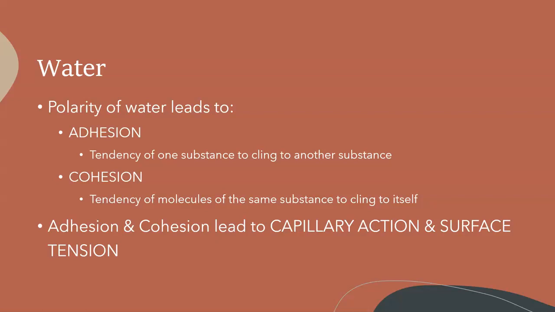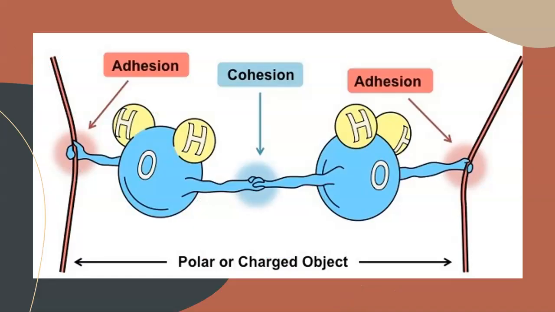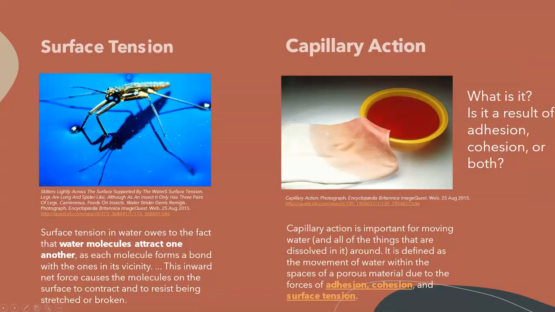That's because the molecules of the same substance, water, cling to itself. And adhesion and cohesion lead to two things that are very important: capillary action and surface tension. But I wanted to show you adhesion. Let's say this is the thread of your shirt. The water molecules stick to it, and they also stick to themselves. Cohesion. I thought that was a funny little graphic.